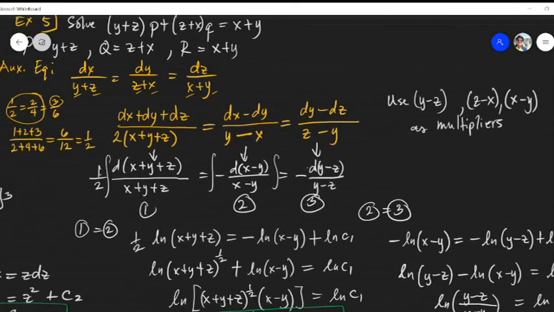Just like here, we created another set of fractions that are equivalent to the ratio of the auxiliary equations. So the addition of numerators and denominators would just be equal to their ratio. The same goes for subtracting two fractions, both numerator and denominator. And they will have an equivalent ratio. Just like in the example now, it is just the concept of ratio and proportion.